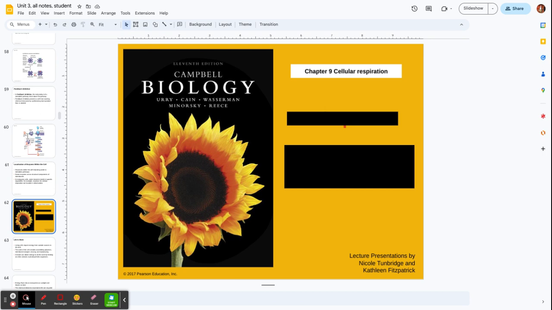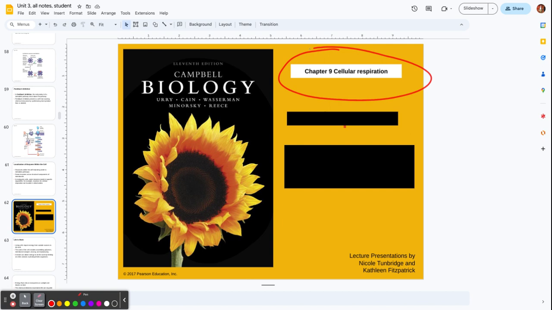For whatever reason, when I made these slides a long time ago, I came across this weird glitch where if I copied the slide from another slideshow and I put it in here, the chapter 8 one, it instead would default back to the first slide in the slide deck, and it would show chapter 8.